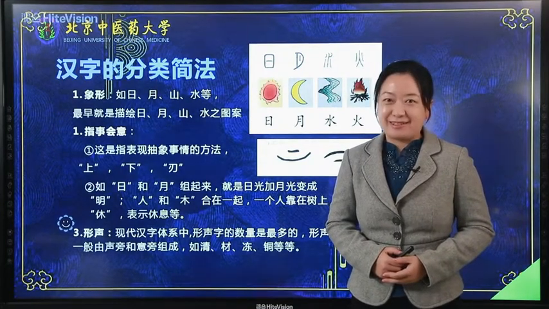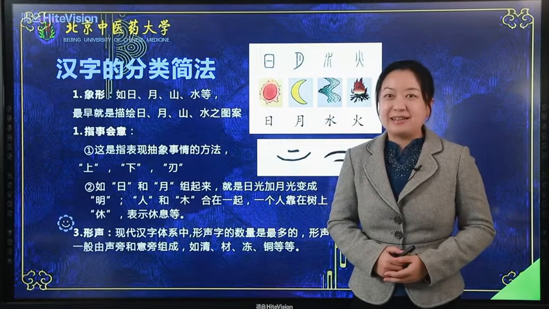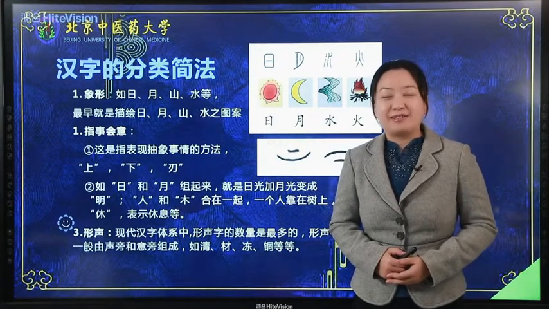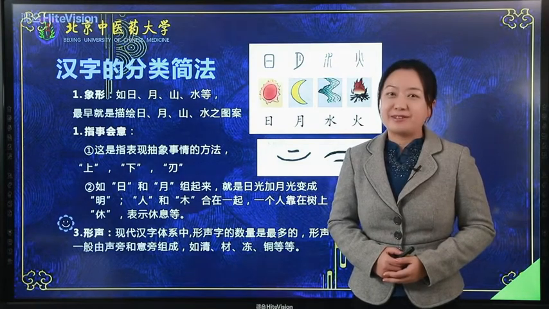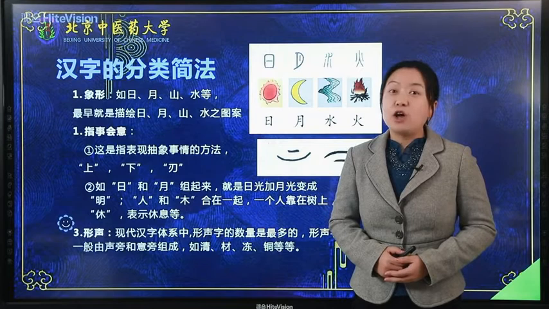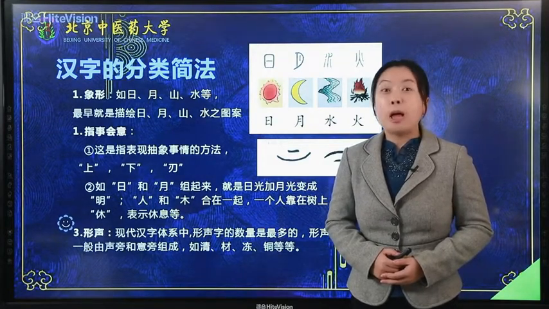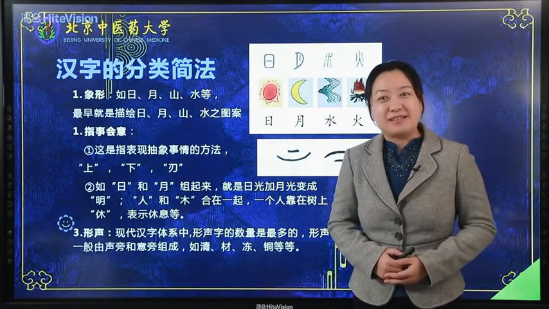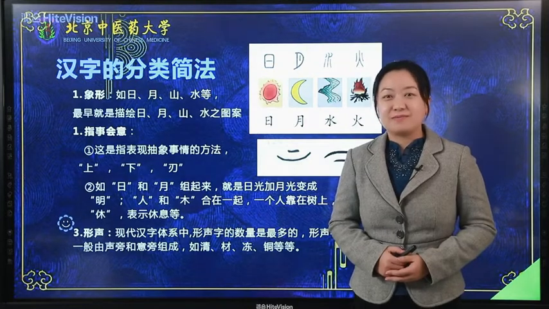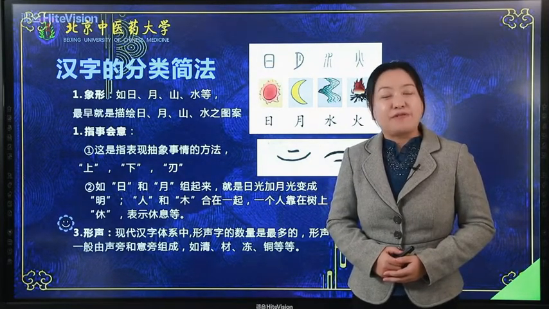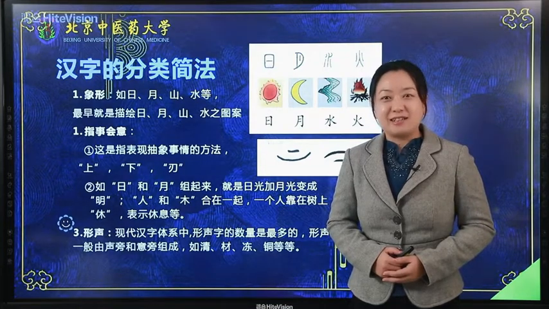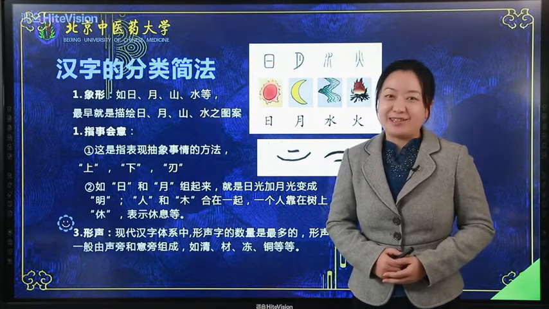Pictographic characters, 象形字, ideographic characters, 示意字, and pictophonetic characters, 形声字. Such classification may not be scientific enough, but it is the easiest way to understand. This class, we begin to study the ideograph characters, 示意字, which are very interesting.